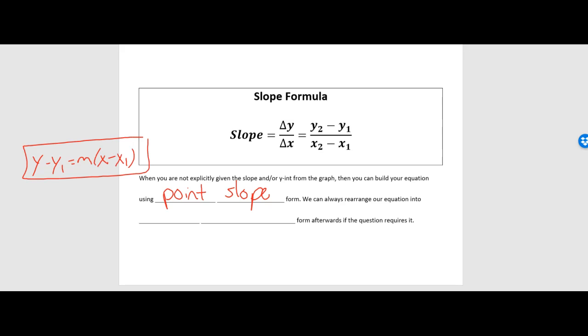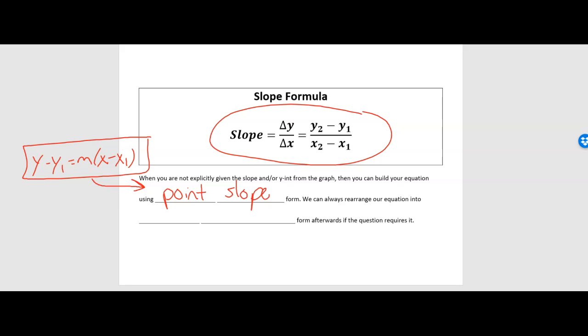This is the equation that you are going to use most frequently in upper level math classes. That's because you're rarely just given the y-intercept right off the bat, so it's not as easy to start with slope-intercept form. You will, though, be able to find at least 2 points, which will let you find your slope using our slope formula right here.